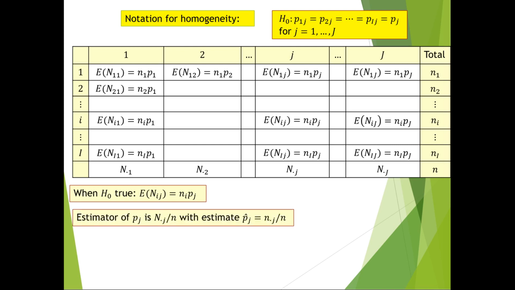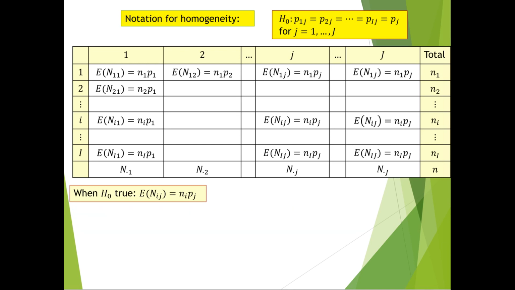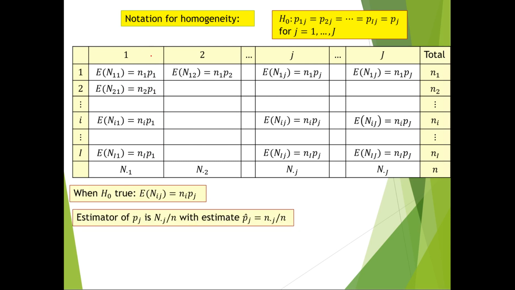Now remember, P1, if I go back, can be estimated from any one of these. So what we do is we estimate P1 as the total for this column divided by the grand total.